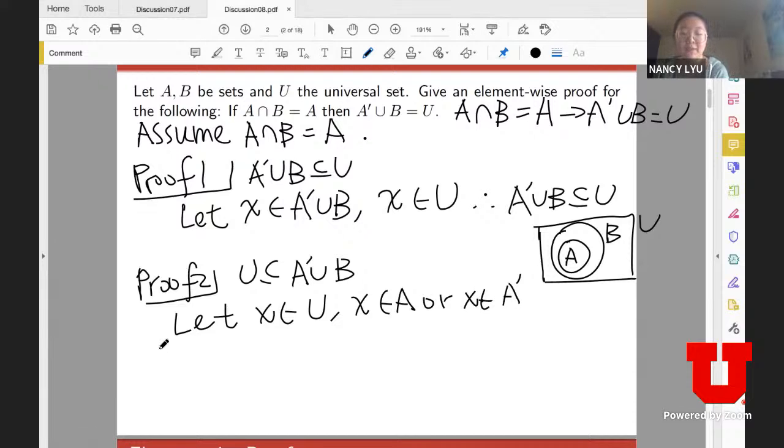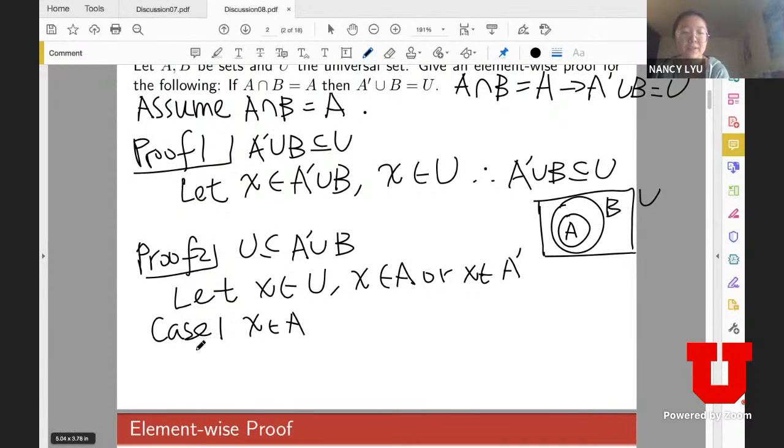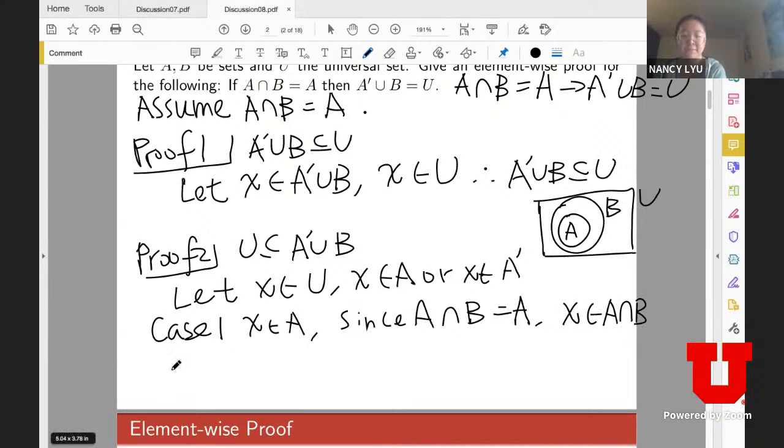So right now we can do the proof by cases. Case one is if X is in A. Then we know that since A intersect B equals A, X must also be in A intersect B. And that implies X is in B, just by the definition of intersection.